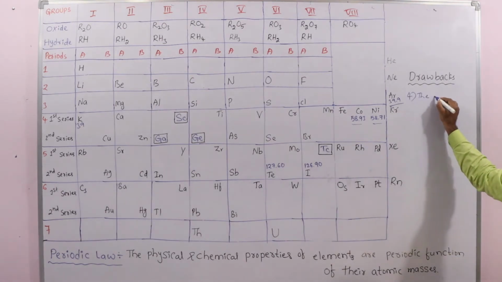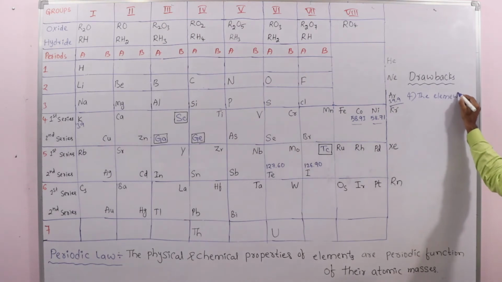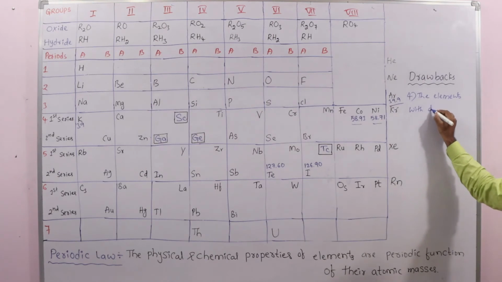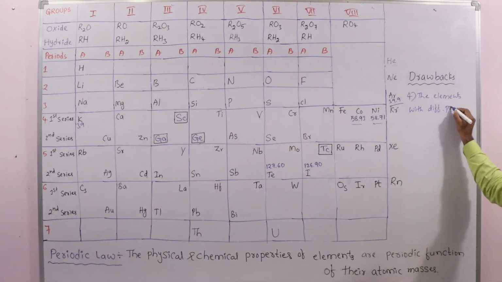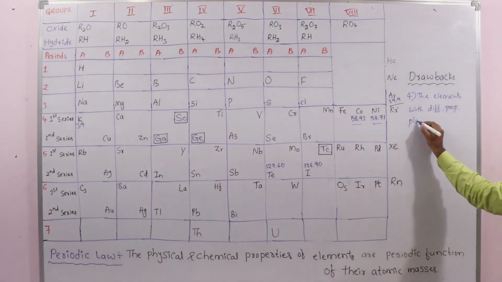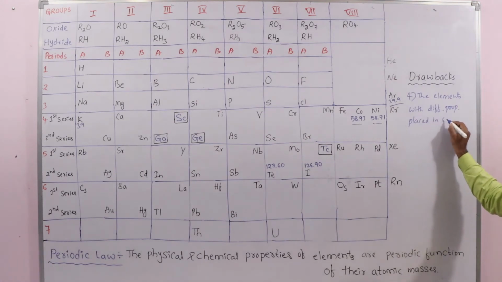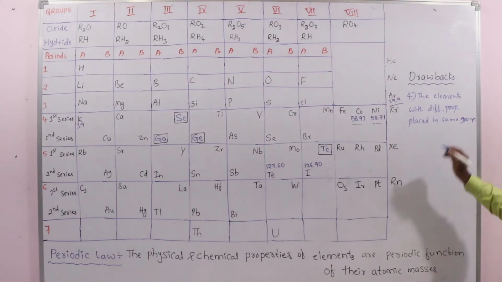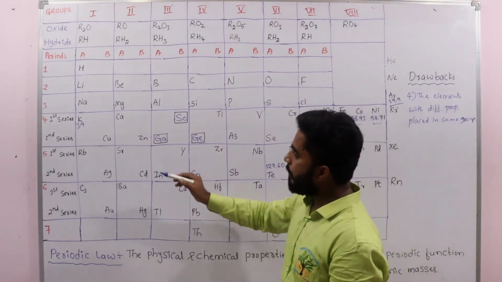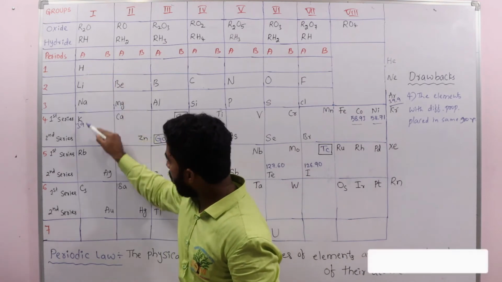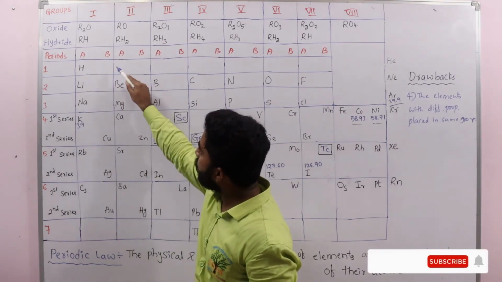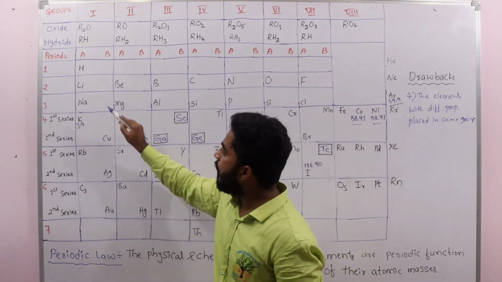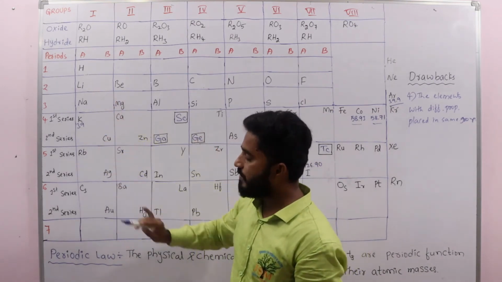Another drawback: elements with different properties are placed in the same group. For example, the first A group elements and the first B group elements, like copper, silver, gold, and lithium, sodium, potassium, rubidium, cesium.